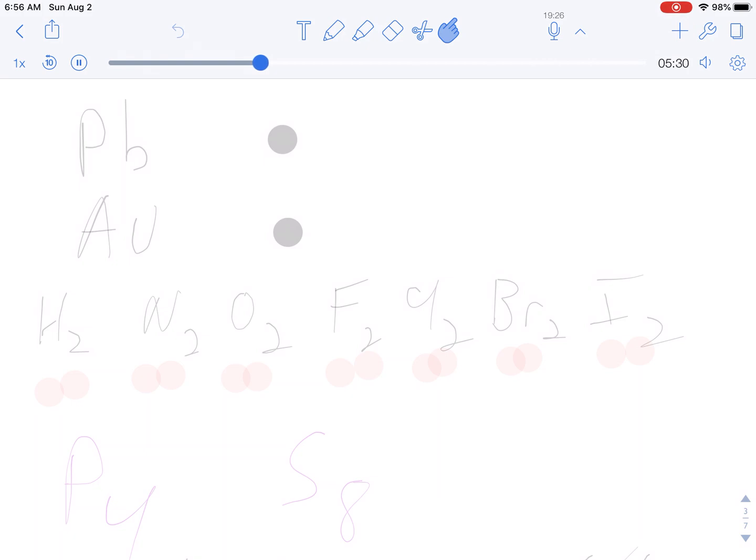Now, every single element on the periodic table can be found as a single atom, except for a few. So it is possible to have a single atom of lead. It is possible to have a single atom of gold.